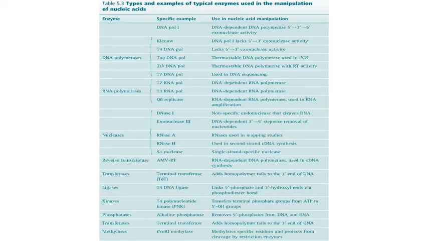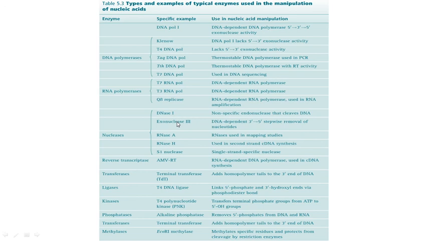And finally, I have shown you some important enzymes which are used in the molecular biology lab. First is DNA polymerase: DNA pol I, Klenow fragment, T4 DNA polymerase, Taq DNA polymerase. These are very important DNA polymerases which we use in the molecular biology laboratory for cloning and expression purposes. Apart from that, there are RNA polymerases and nucleases, like exonucleases and endonucleases.